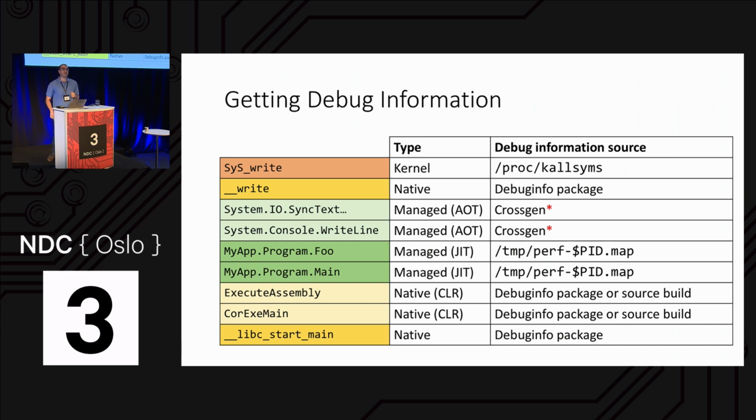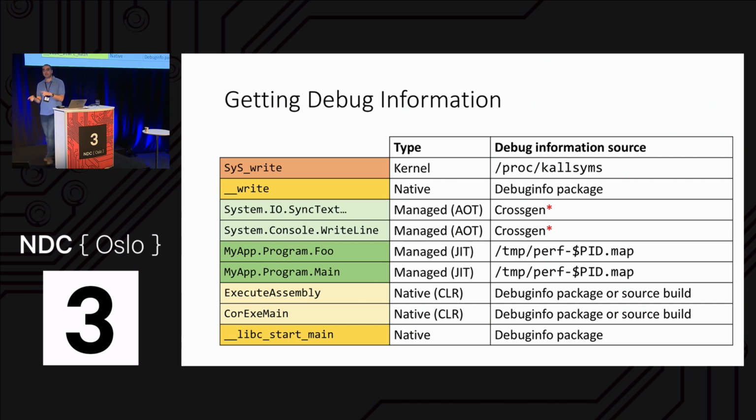There's different colors here for different kinds of code. Here, the dark green is pure managed code, which is just-in-time compiled. So this is plain C#, for example, that you didn't do anything special to. It will be compiled at runtime. And for this kind of code, the symbolic information can be emitted by the CLR into a file at runtime.